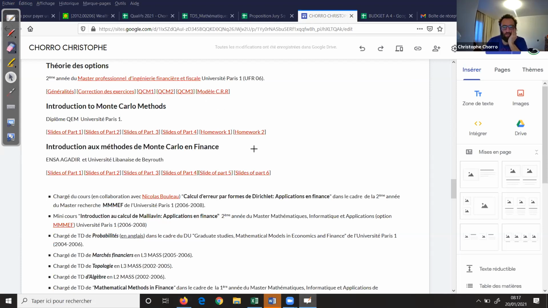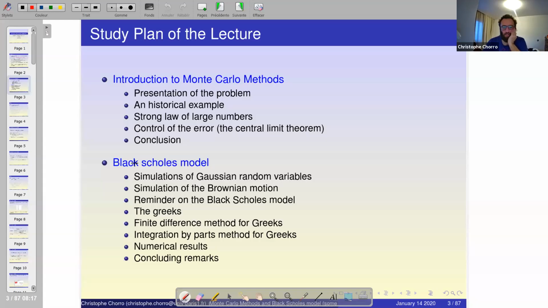So it will be an introduction, and then, in the very basic framework of the Black and Scholes model, the idea will be to show you on a little example how to use Monte Carlo methods in practice and what are the problems that can arise in this situation, even in the very simple framework of the Black and Scholes model.